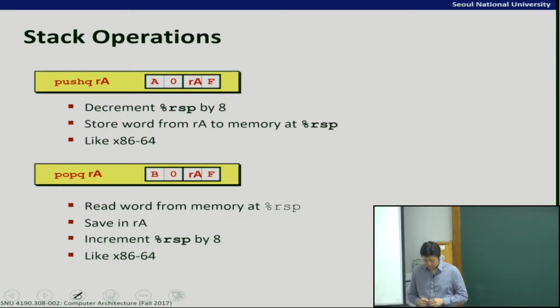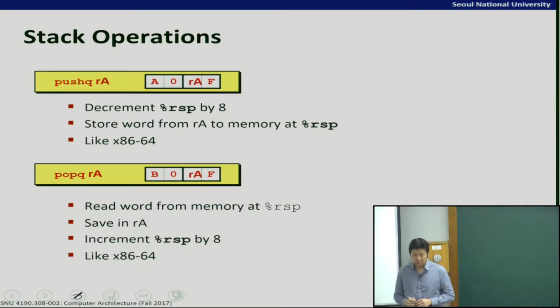That's push, and that's it. The pop instruction is the opposite. First you read the word from memory at RSP and save the data into register rA, then increment the RSP register by 8. It's the same as x86-64.